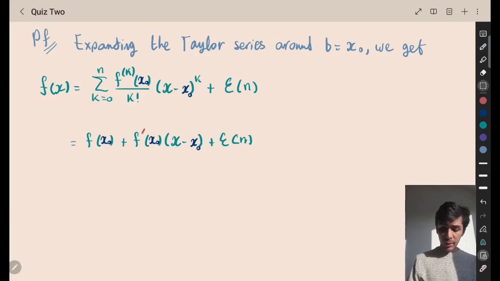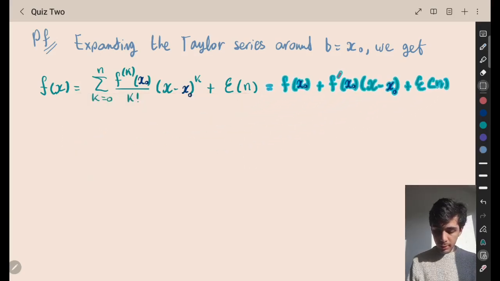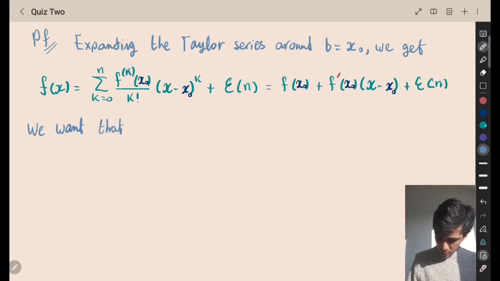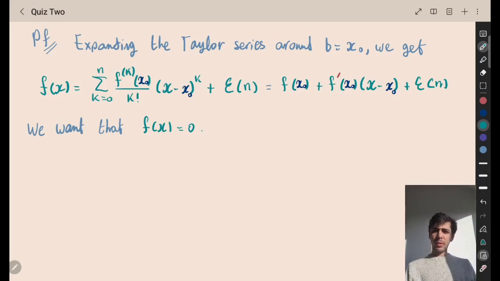And we would very much like f of x to be equal to 0. This is what we are hoping for.